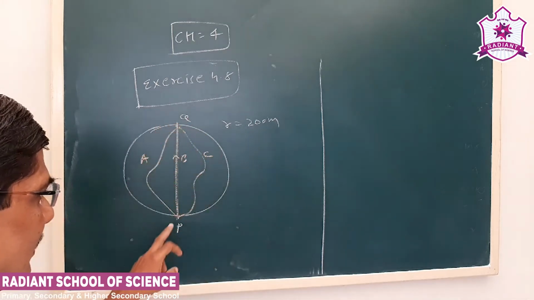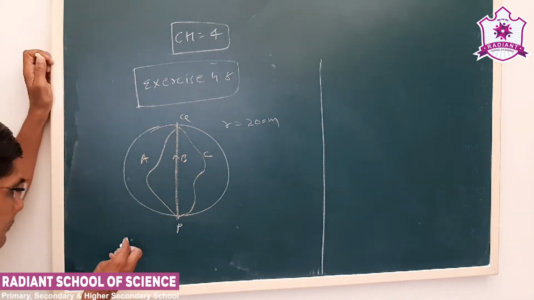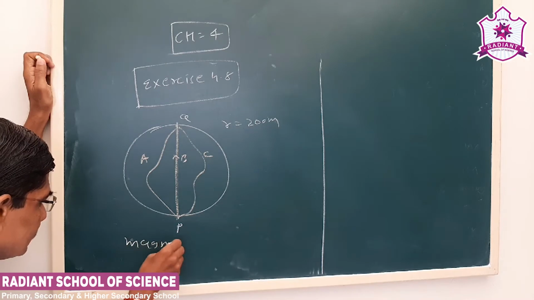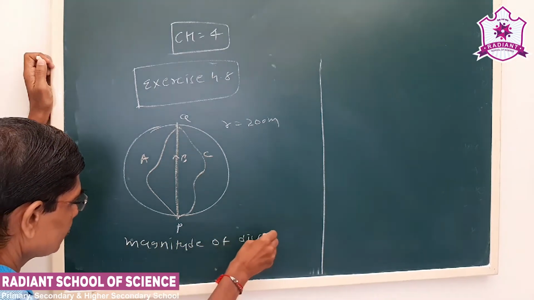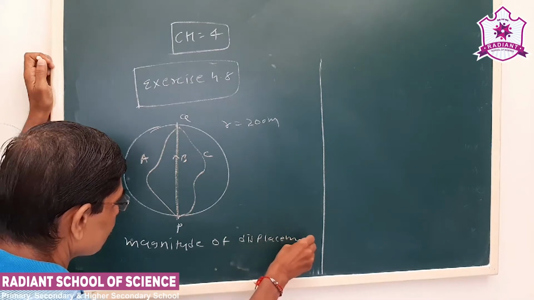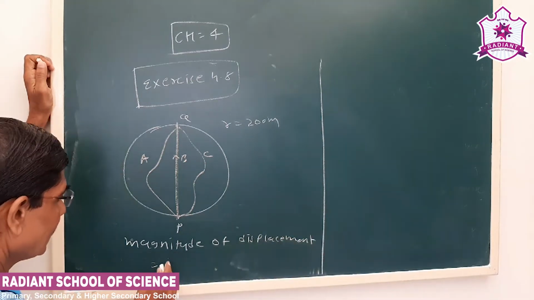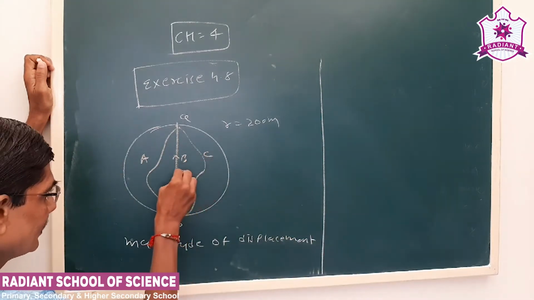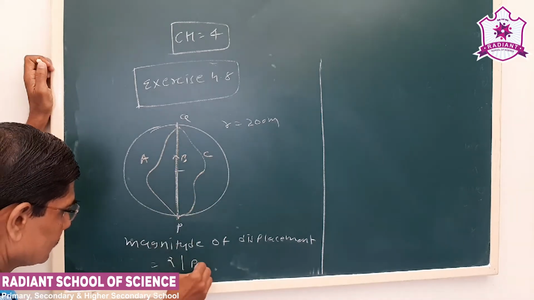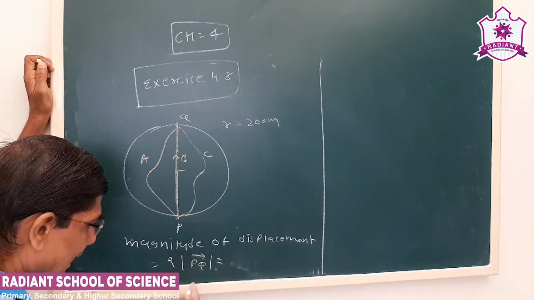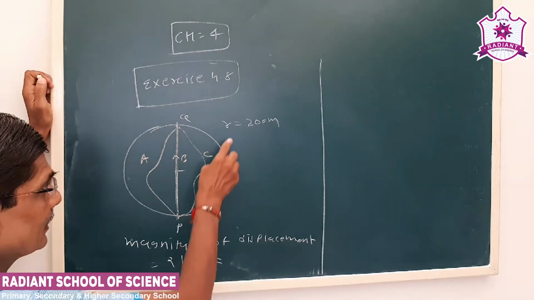It connects the final position and initial position. So the magnitude is twice the radius. Okay, that is 2 into PQ. See, we write only the magnitude part. Radius is 200 meter.